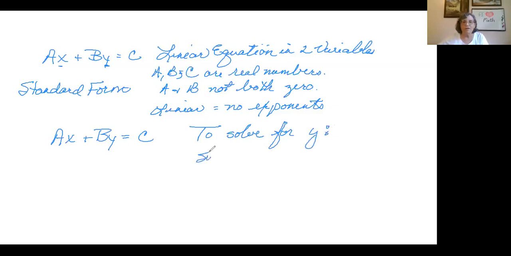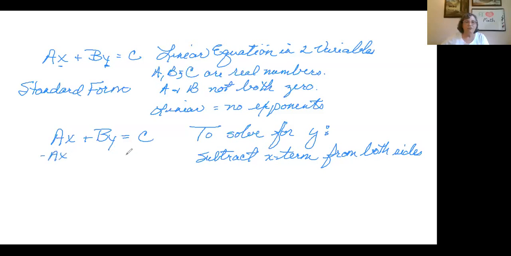You want to subtract your x term from both sides, which will essentially move it from the left to the right.